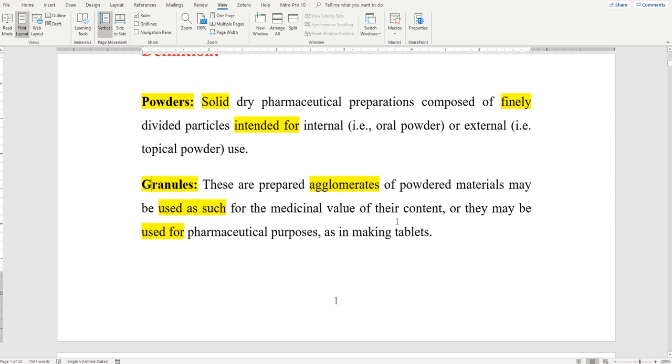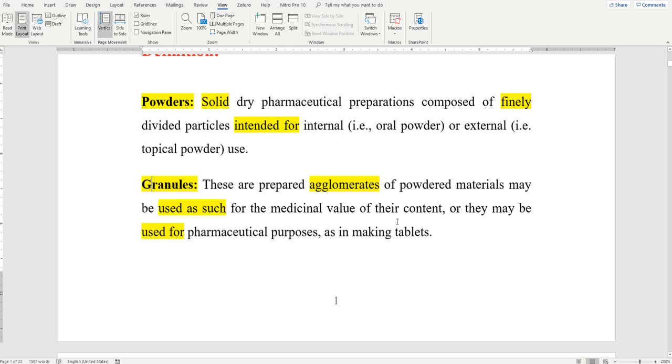Of course, someone might ask, okay, why do we need to prepare granules in order to prepare tablets? We can discuss that later. But we can make tablets and we can also fill the granules, for example, in capsules. So what is the definition of granules? These are prepared agglomerates of powdered materials that may be used as such for their medicinal value of their content.